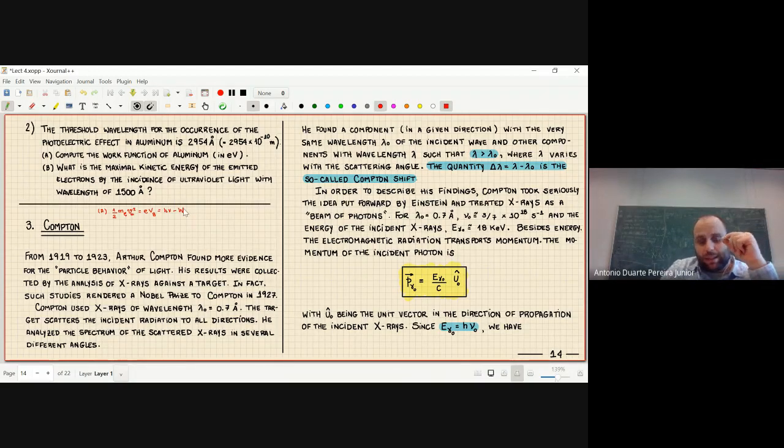I can also relate the frequency with the wavelength. So this can be written as h c over lambda minus the work function. Okay? What I'm saying is the following. The threshold wavelength is this number. This means that when I replace lambda by it, this gives hc over lambda minus W equals 0, because this is the threshold wavelength.